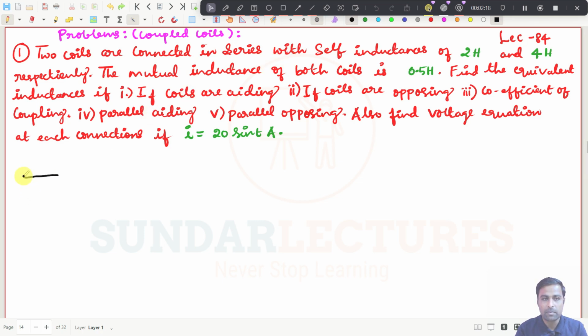The diagram will be two coils connected in series. What they have given you is L1 and L2.